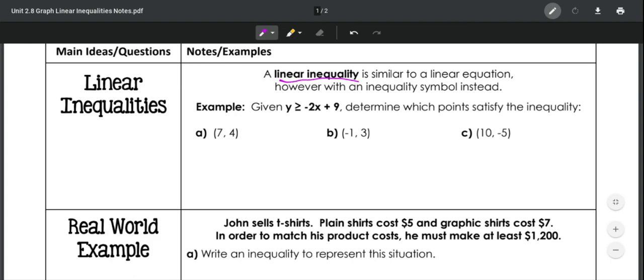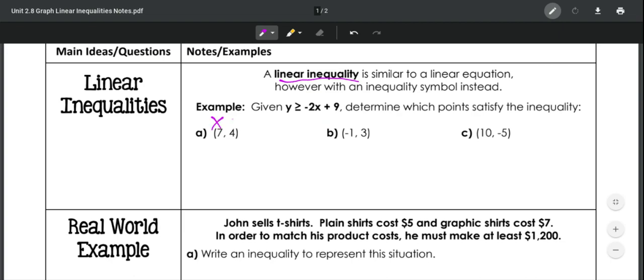So first, let's start off with a little warm up, just making sure that you understand that sometimes ordered pairs may not work in a certain inequality. In order for these points to satisfy this inequality, we need it to be true when we plug these 2 points in.